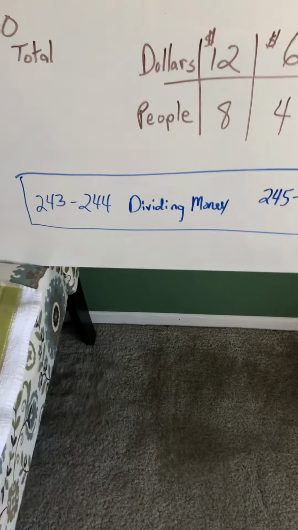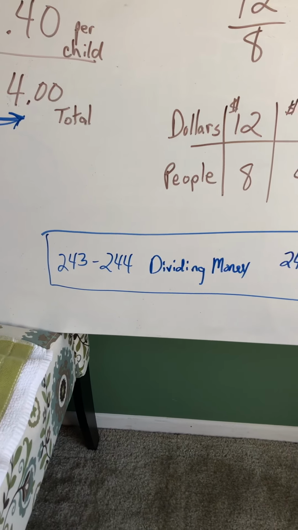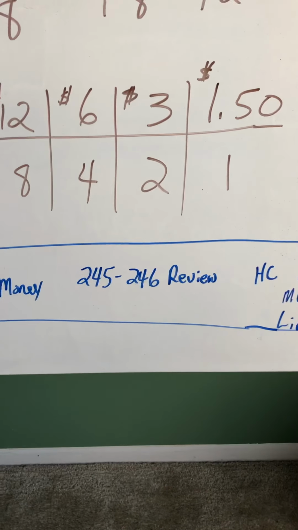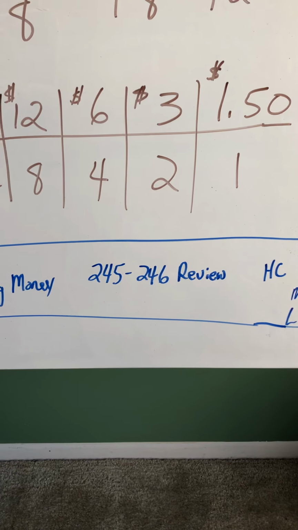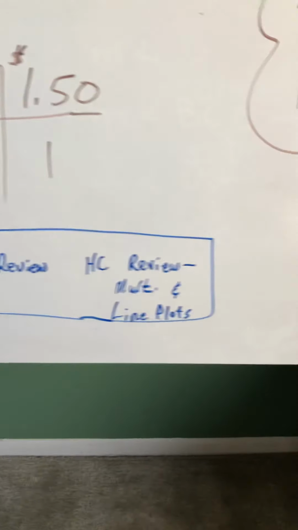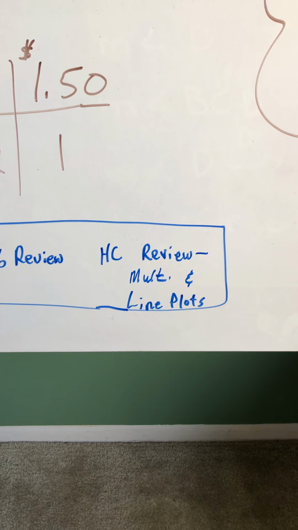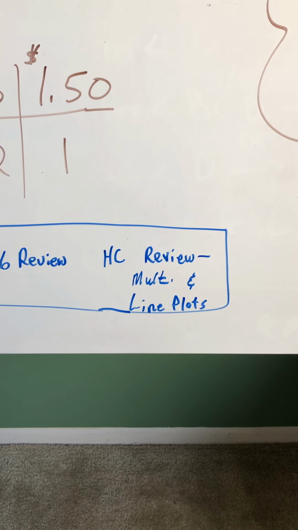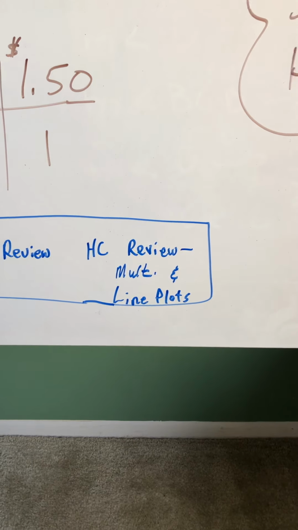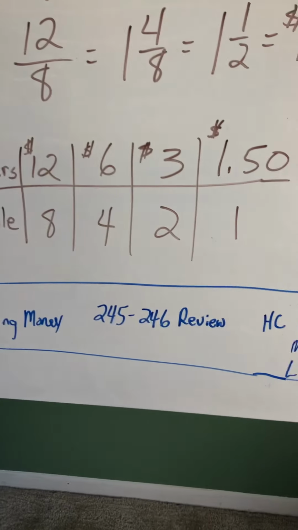Okay, now down here, 243 to 244, like I said, is dividing money, like I just did. 245 and 246 are just in general a review of previous topics, okay? And home connections is a review of many things, but the first couple of pages are like multiplying, and there's at least one page where you're doing line plots, okay?